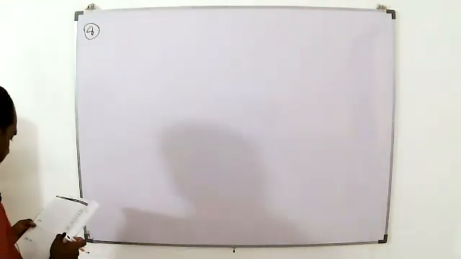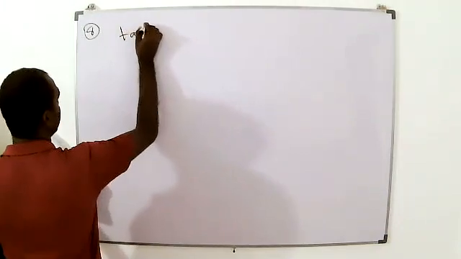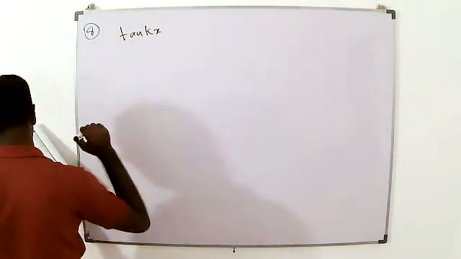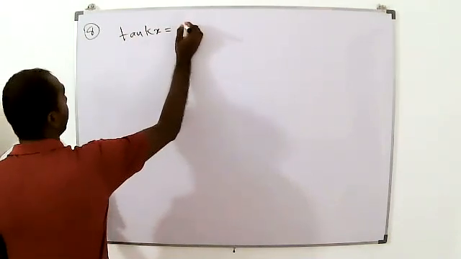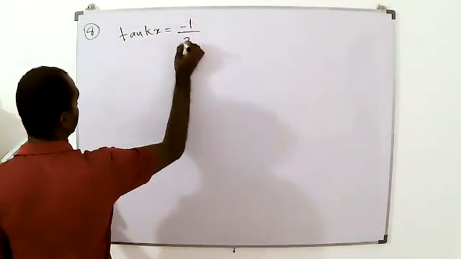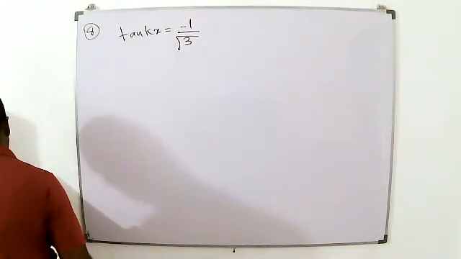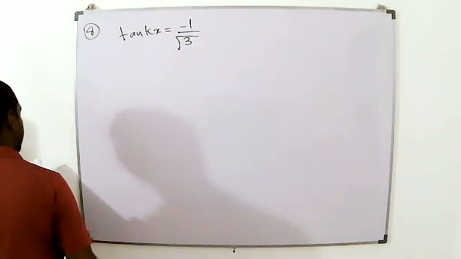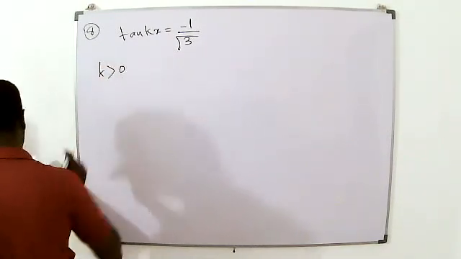Question number 8. What are they asking? The equation tan kx equals minus 1 over square root 3, where k is a constant and k is a positive constant, no? K is greater than 0. It's given.